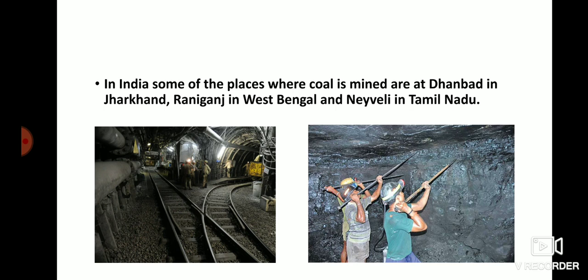These walls of the mines are made up of coal. And this is the track where rails are, where coal is taken out from the mine area under the earth by using rails.